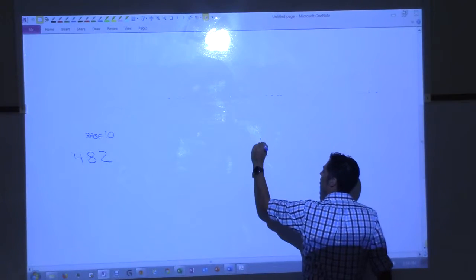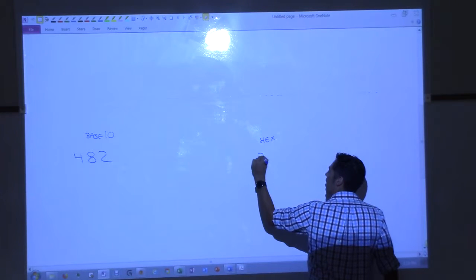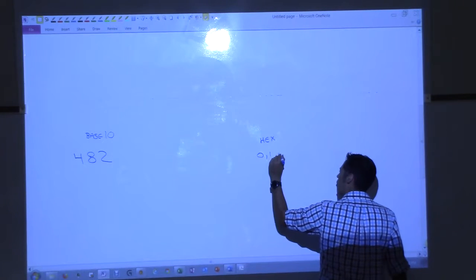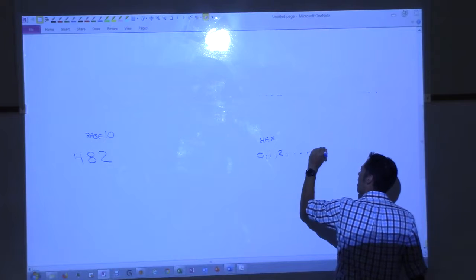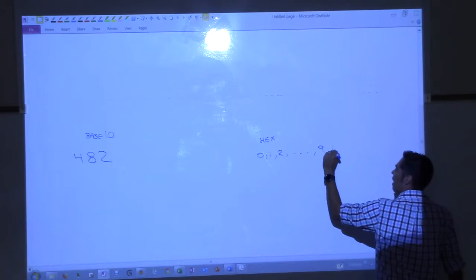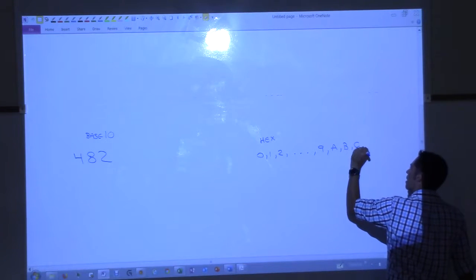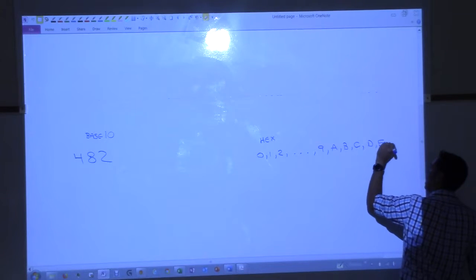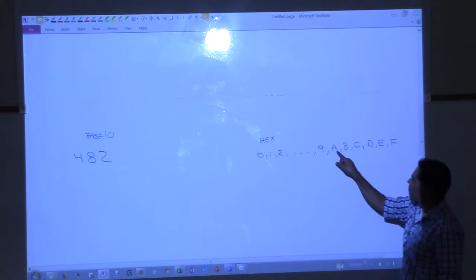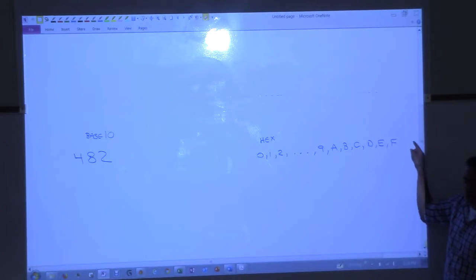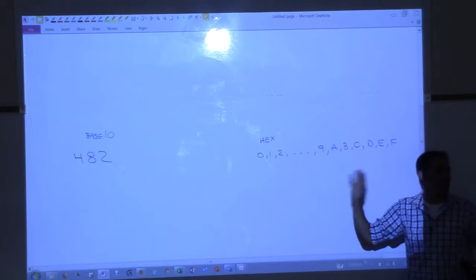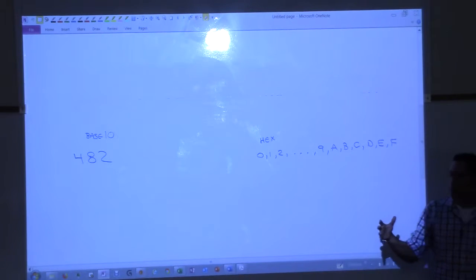Hexadecimal contains the digits 0, 1, 2, all the way up through 9. And then after 9, you go A, B, C, D, E, and F, which represent 10, 11, 12, 13, 14, 15. And so we have 16 digits allowed in hexadecimal.